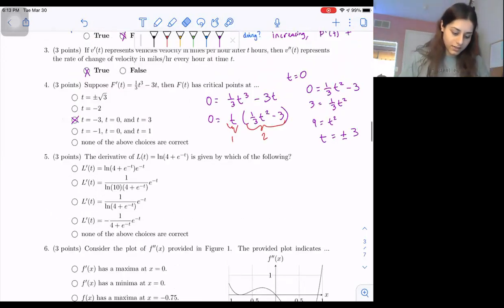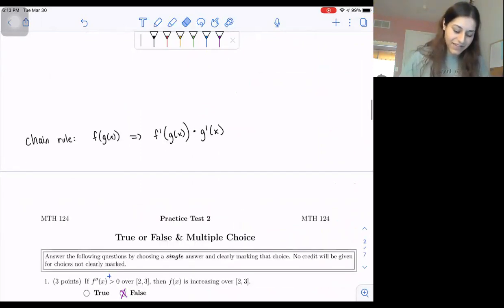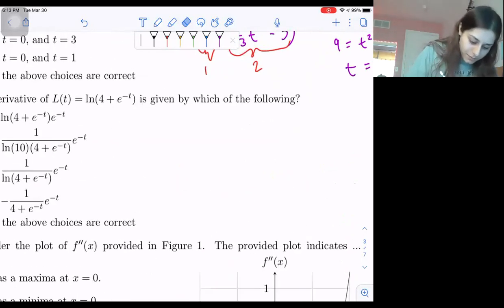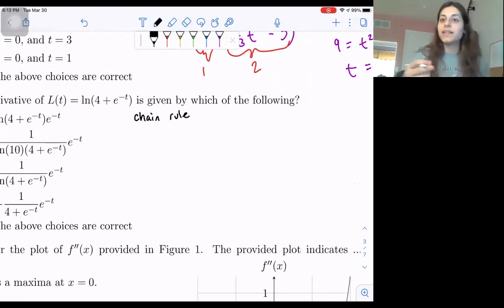Okay, and I always forget what the chain rule is, so I rewrote it. But make sure you guys have that one memorized. So chain rule, because we've got an inside thing and an outside thing. My outside thing is natural log of whatever, and my inside thing is whatever that whatever was.